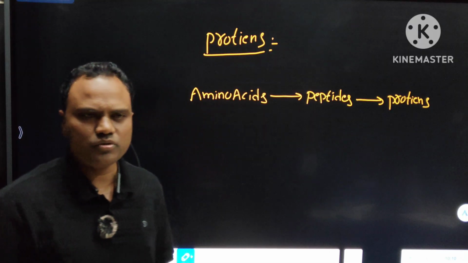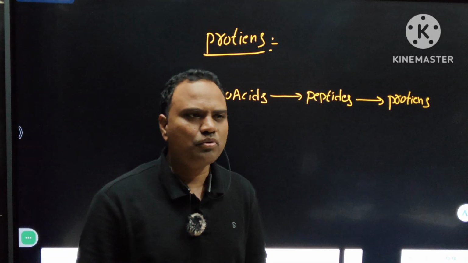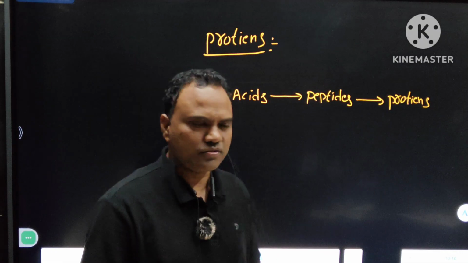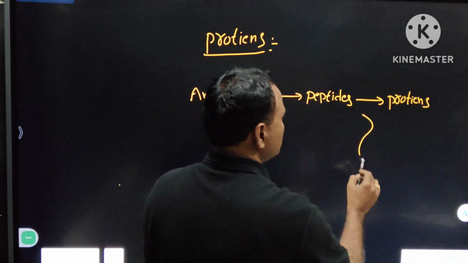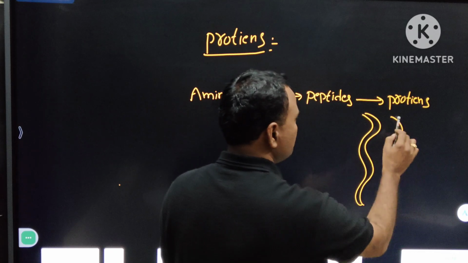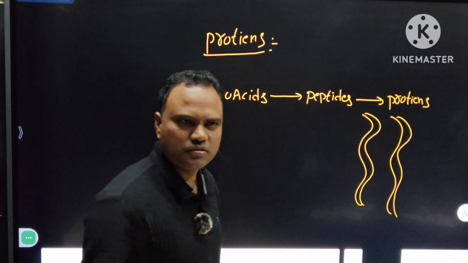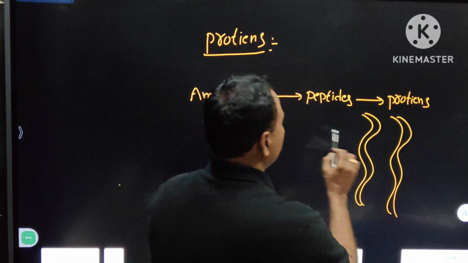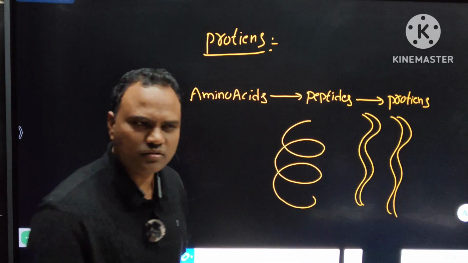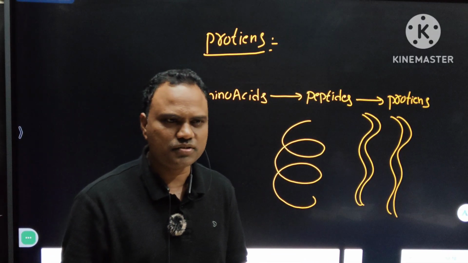You know, in the human body proteins are present. Proteins are made up of peptide chains. See, this is one peptide chain, a polypeptide chain. Clear? And some peptide chains coil around, giving helical structures and so on.